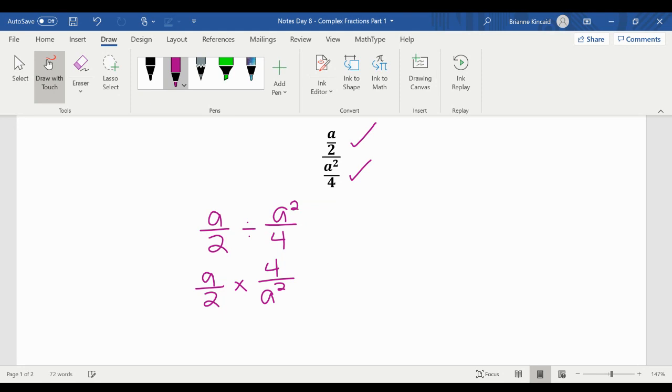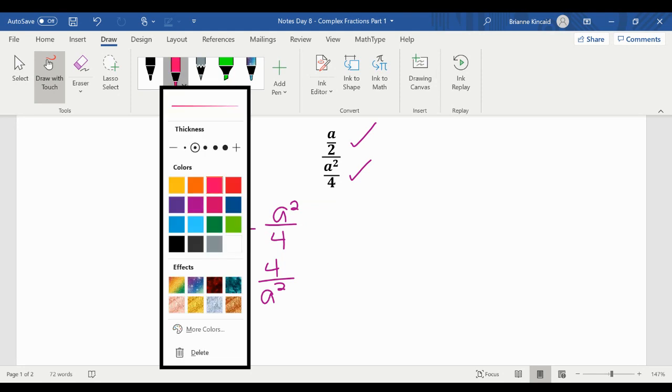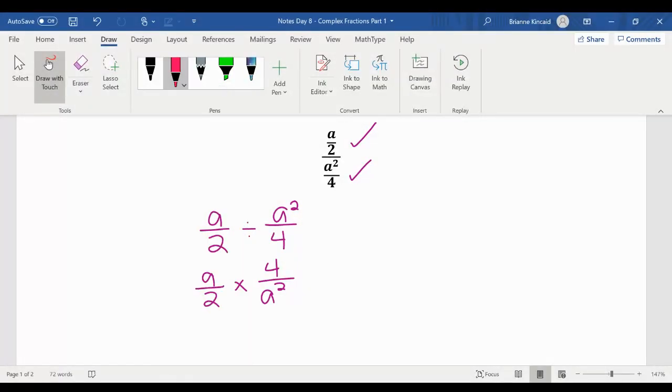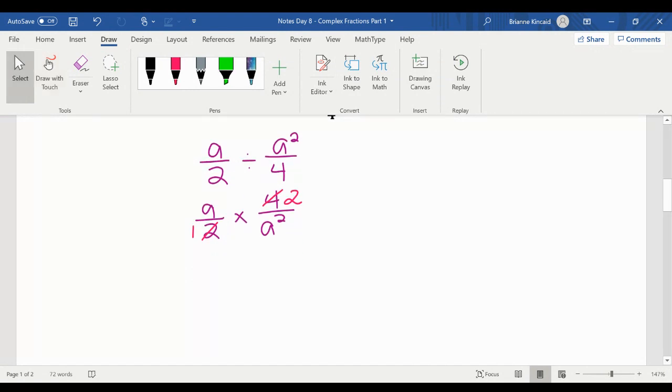The only thing that I will allow myself to simplify at this stage are any numbers or coefficients. So I have a 2 in the denominator here, 2 divided by 2 is 1. I have a 4 in the numerator here, 4 divided by 2 is 2. I don't simplify any monomials, any a's, a squared, any of that until the very final step.